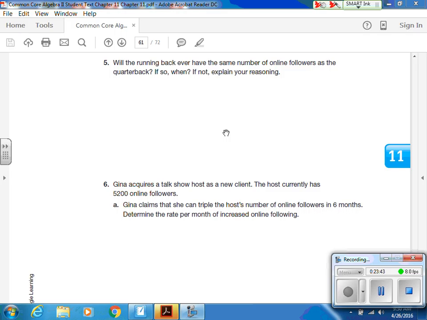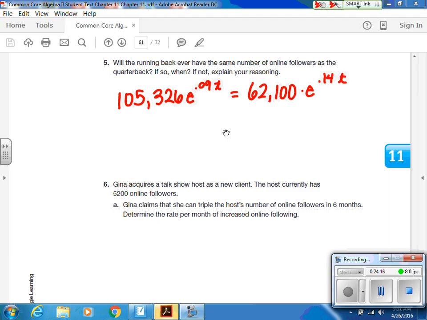What was the quarterback's count right now? 105,026, with e to the 0.09t. We need to know when that will equal the running back's, who has 62,100 right now. That's what we have to solve.